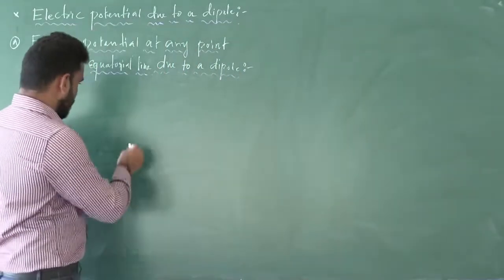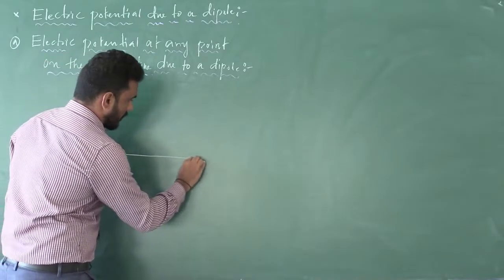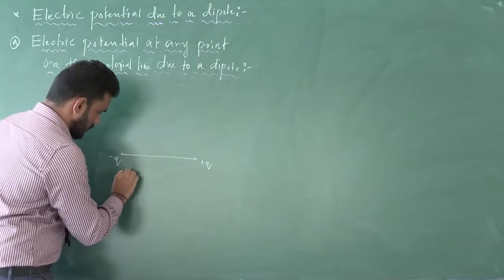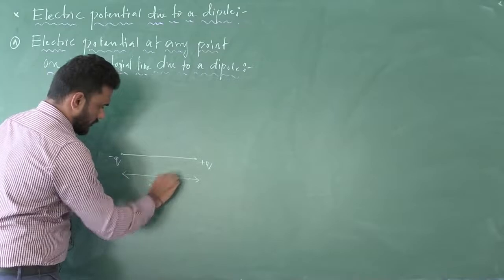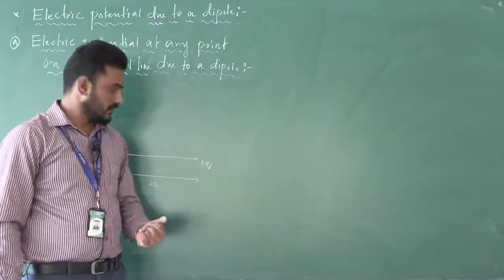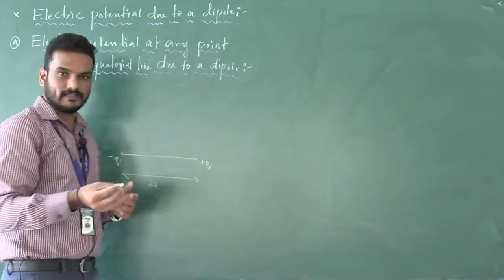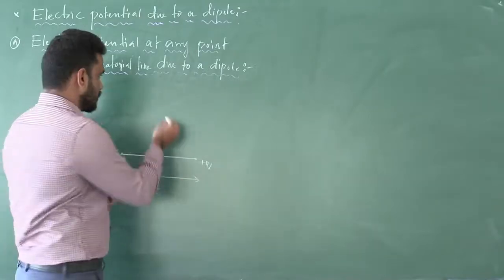I will draw a dipole with charges plus q and minus q, and the distance between them is 2a. In the last derivation we considered the axial line. Now I need to take the equatorial line. The equatorial line is nothing but the line perpendicular to the axis of the dipole.